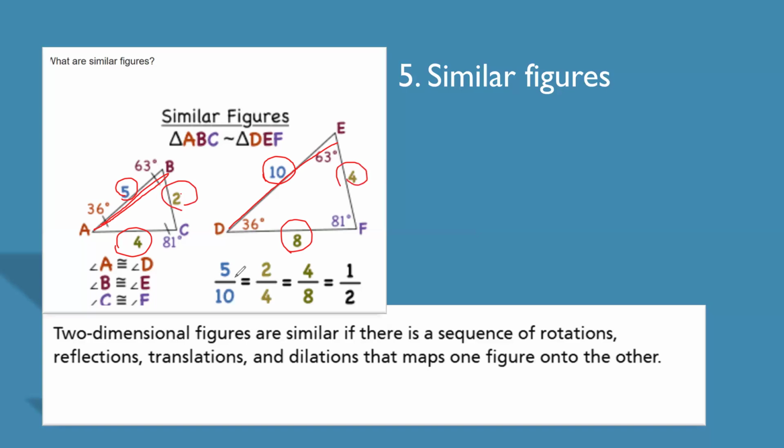If we simplify them, divide here by 5, it will give you 1 out of 2. If I divide here by 2, it gives me also 1 out of 2. If I divide here, simplify it, divide it by 4, also it will give you 1 out of 2. So all of them, when I simplify the fraction, I get the same fraction, the same ratio. So because of that, I decide they are similar.